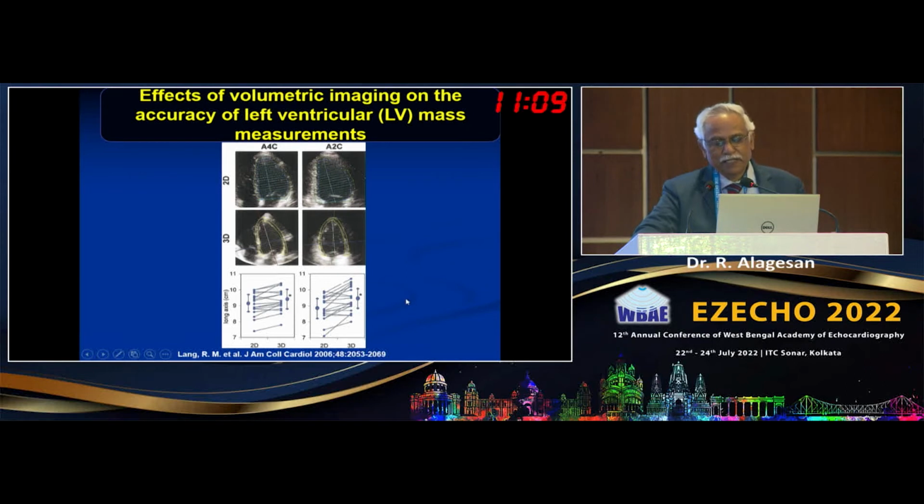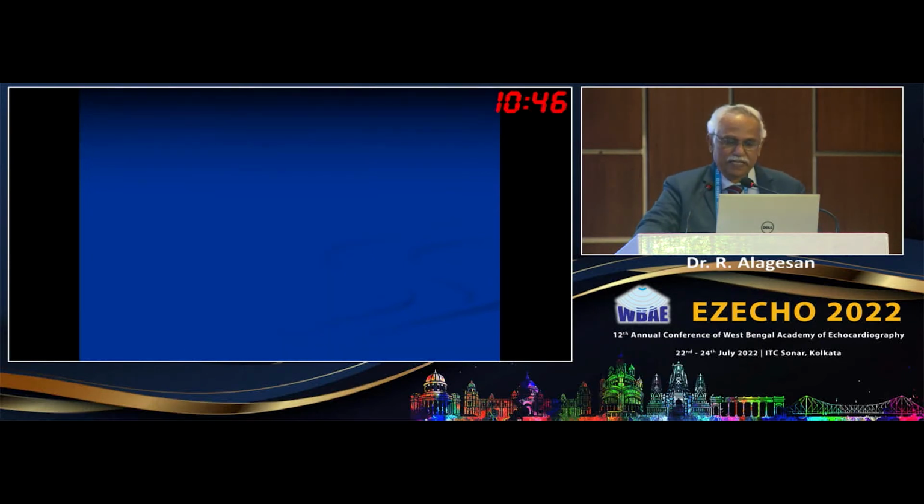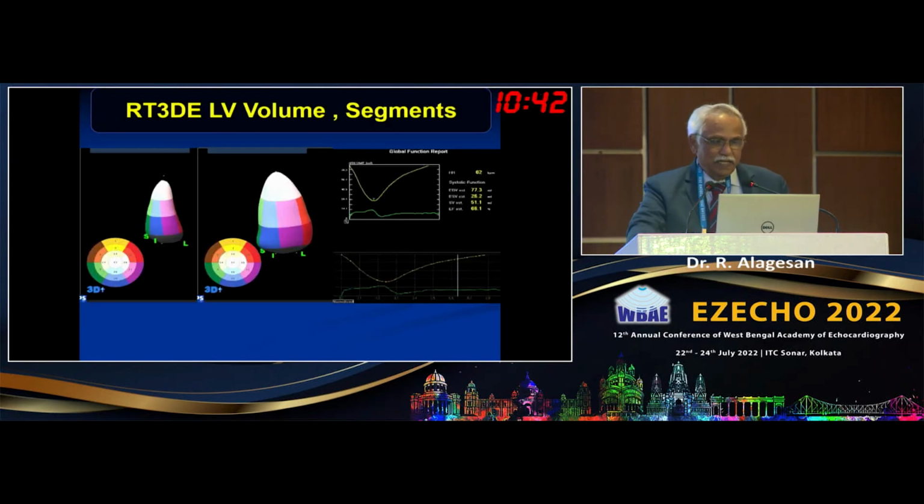But the problem is there are not sufficient studies using the two-dimensional or three-dimensional method of measuring the left ventricular muscle mass. There are a number of studies using the M-mode method, and unfortunately, we still use the M-mode method rather than the 2D or 3D method for measuring the myocardial mass.